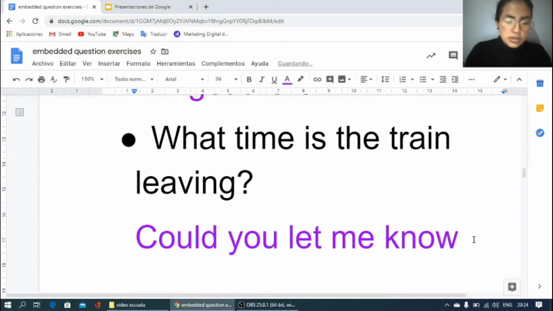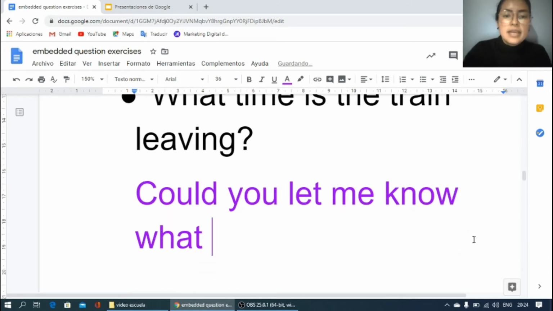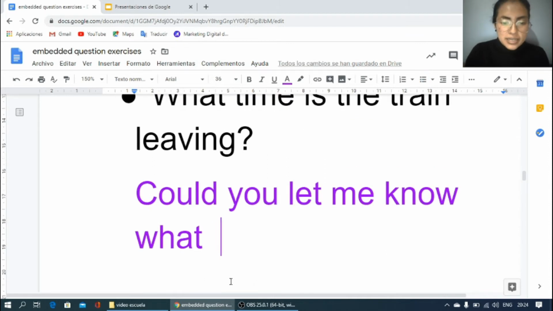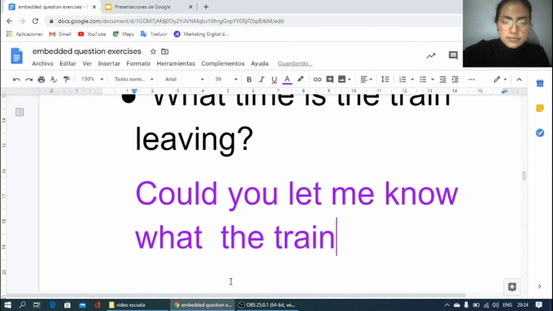The WH question: what time. And you have to write the subject. Okay. In this case, is is a subject? No. Is the train a subject? Yes, very good. What time, the subject, the train. And you have to write a verb.